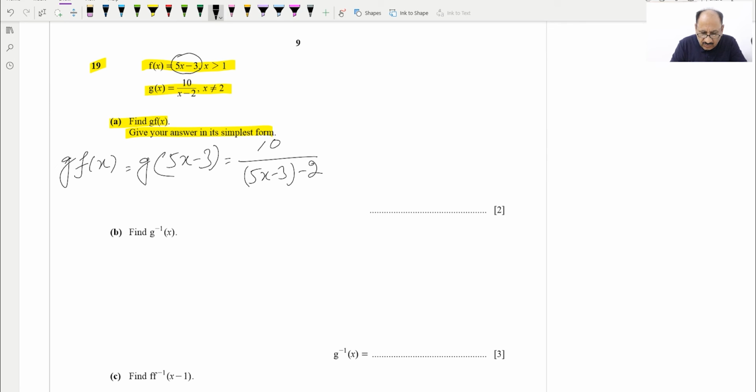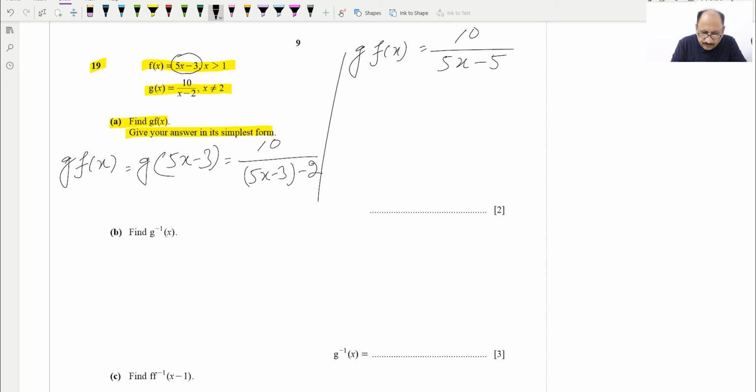Hopefully you understood this. Next we just need to simplify this g of f of x. It is equal to 10 over 5x minus 3 minus 2, which will be minus 5.